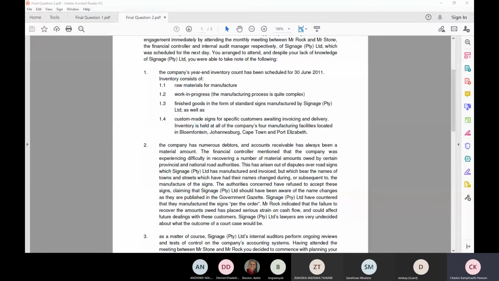The only thing there that is always very important, and it's always a high risk when you have a firm that has been auditing a client for years, is the risk of familiarity.